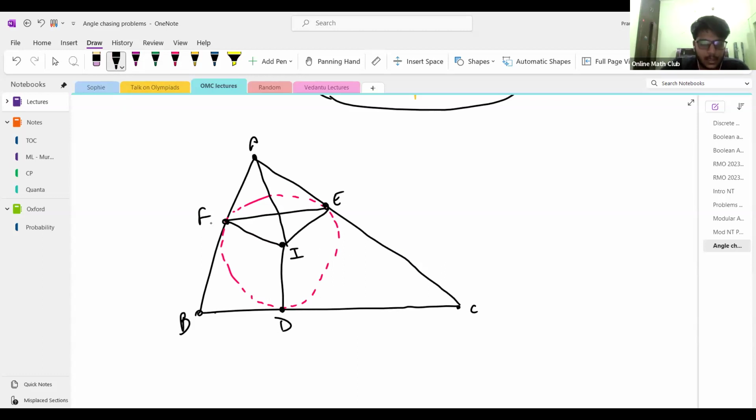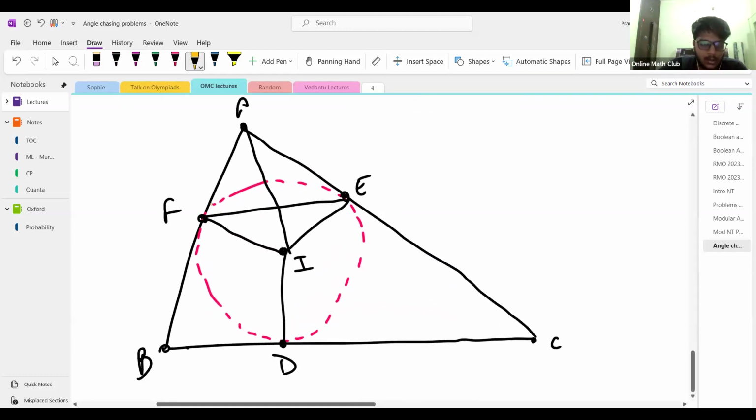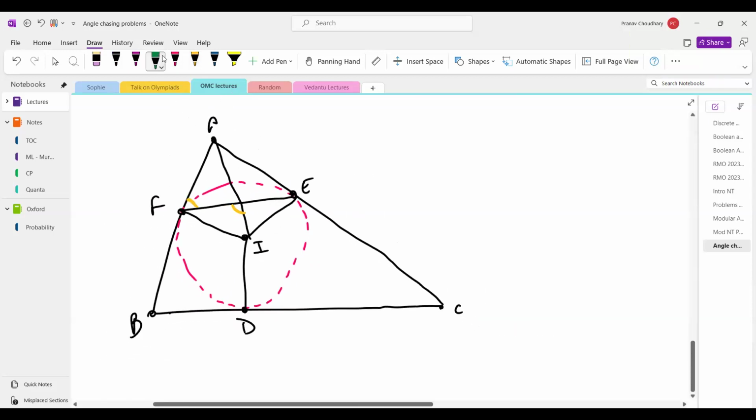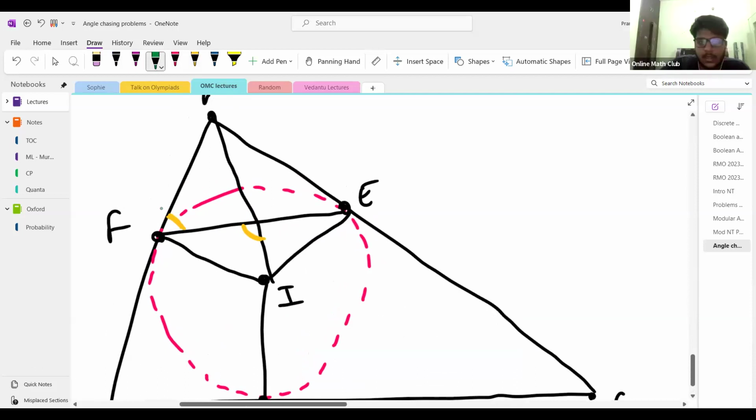Okay. I'll mark some angles and try to find those angles. Find the yellow angle basically. So angle AEF is equal to 180 minus, half of 180 minus A. Yes.